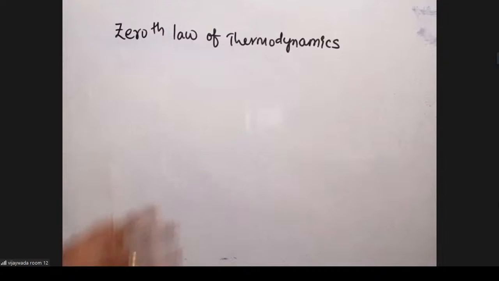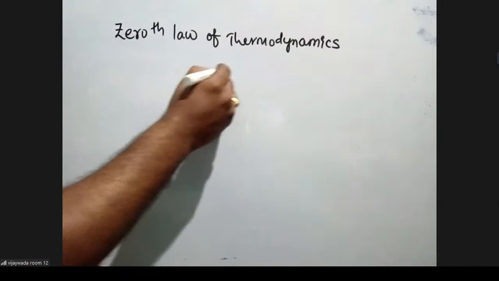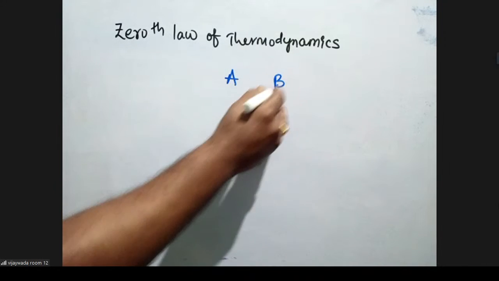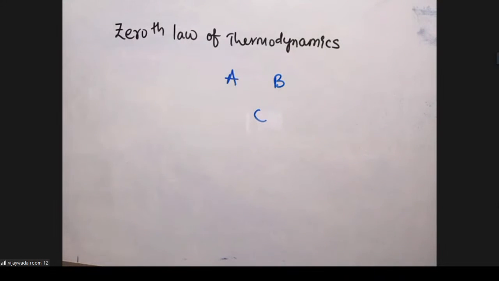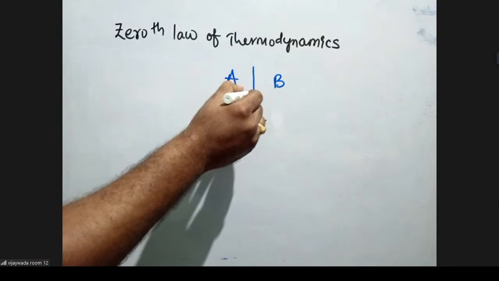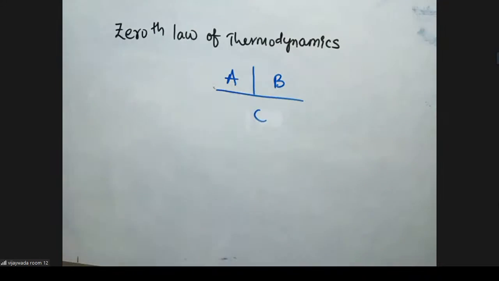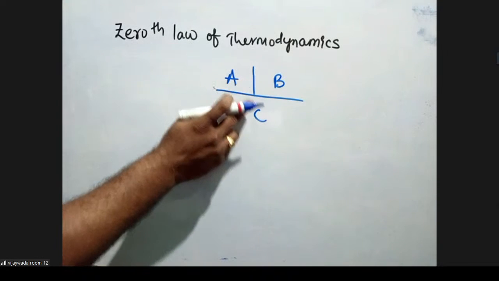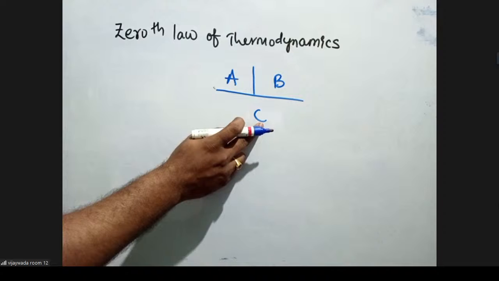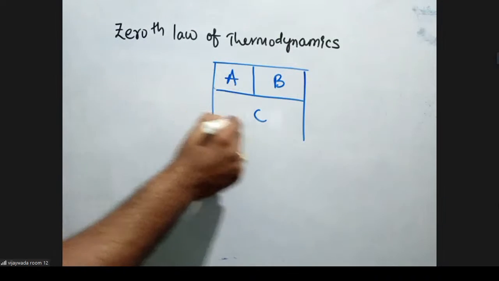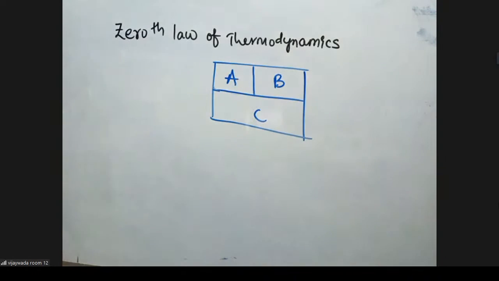It is actually the most fundamental principle. What is the zeroth law of thermodynamics? There are three systems: A system, B system, and C system. A and B must be physically in contact with each other, A with C, and B with C also. So all are physically in contact.